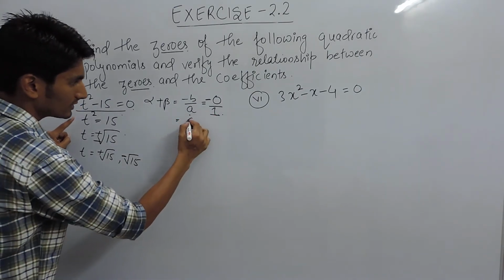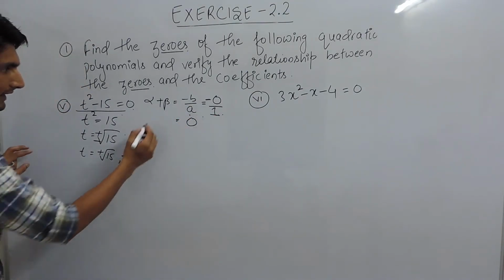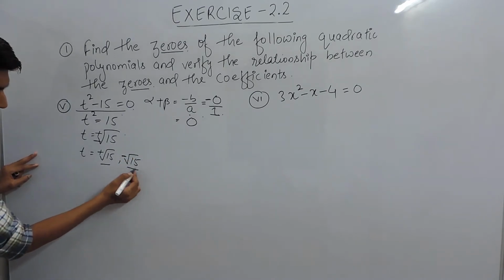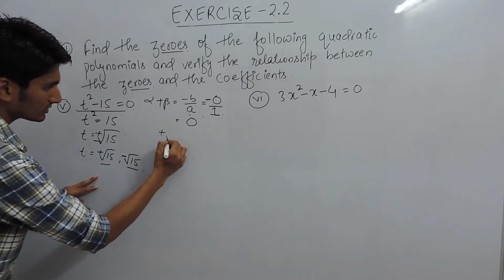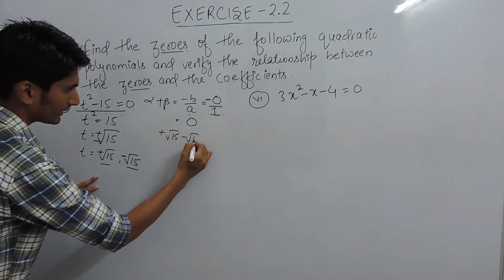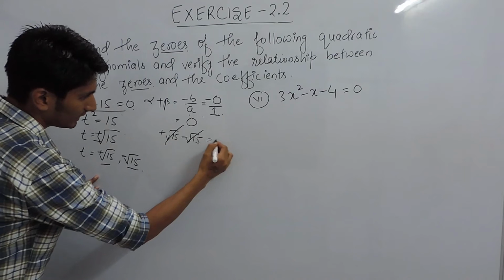So 0 upon 1 is 0, and the sum of roots, again in this case also, is plus root 15 and minus root 15.